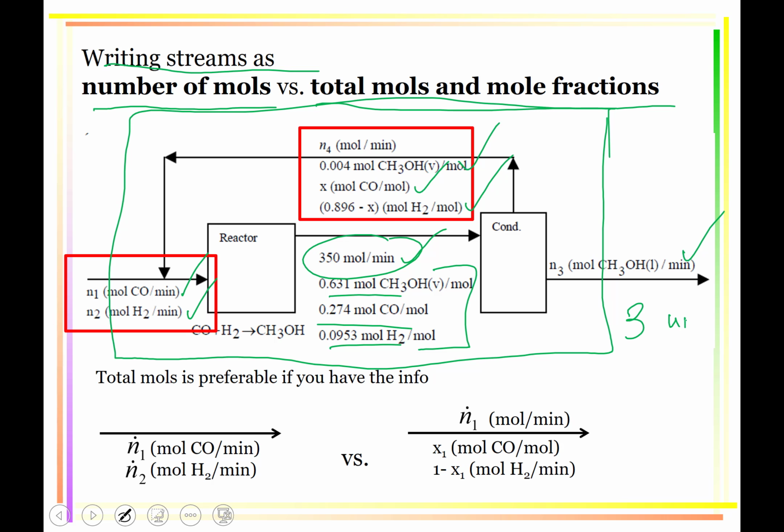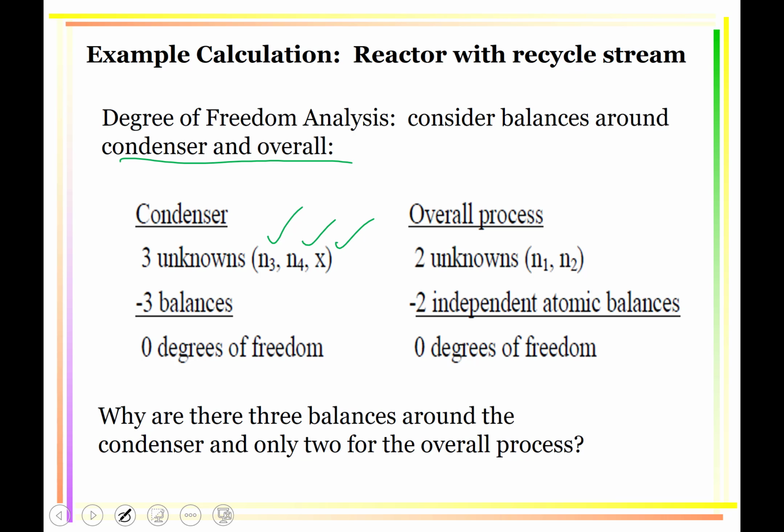We have N3, N1, and N2. In fact, this is copied out of the solution manual. It's assuming that we already have N3, because we're going to calculate N3 around the condenser. And then we are going to do the overall process.